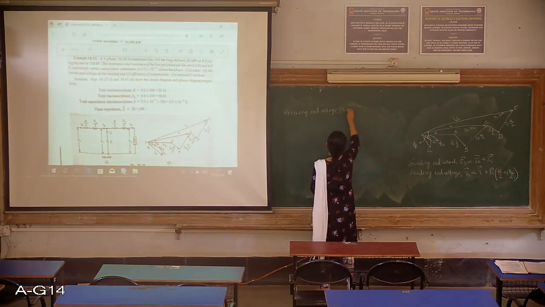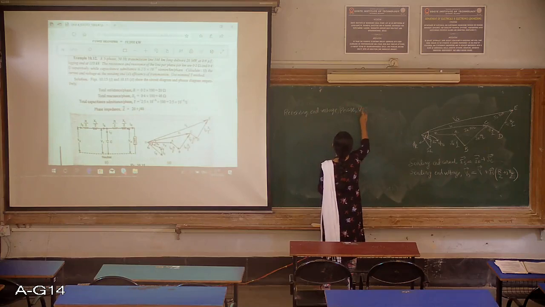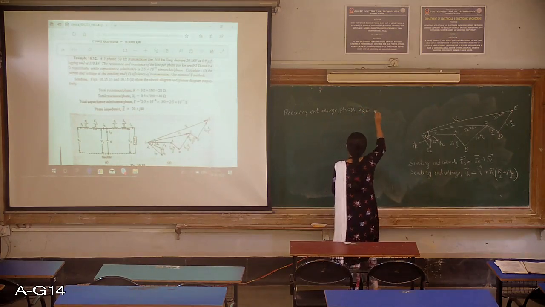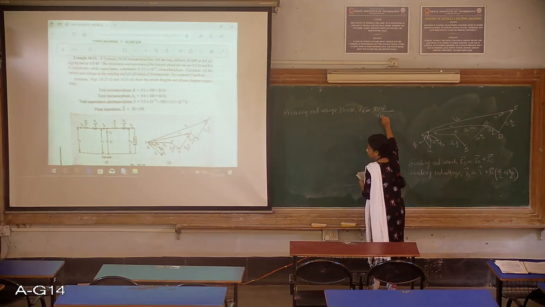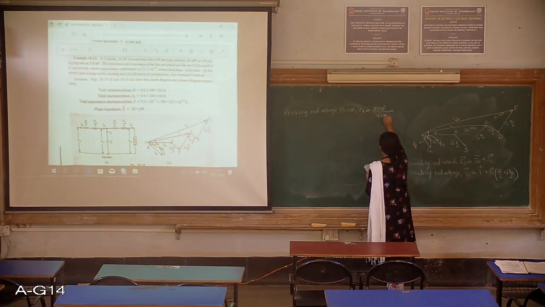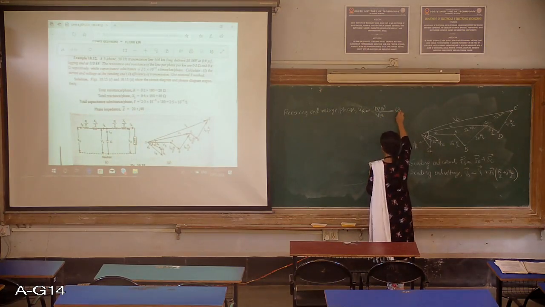All your analysis is on a per phase basis, so you have to consider the root 3 factor. So 110 into 10 raised to 3 divided by root 3 gives me the voltage per phase, which is around 63,508 volts.